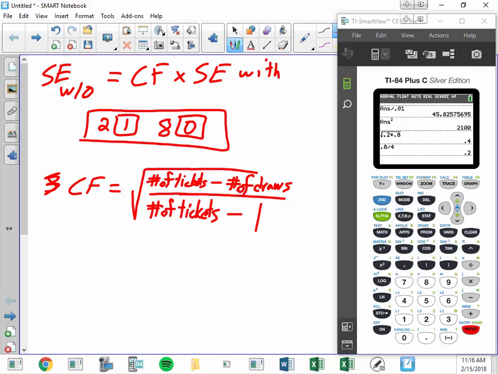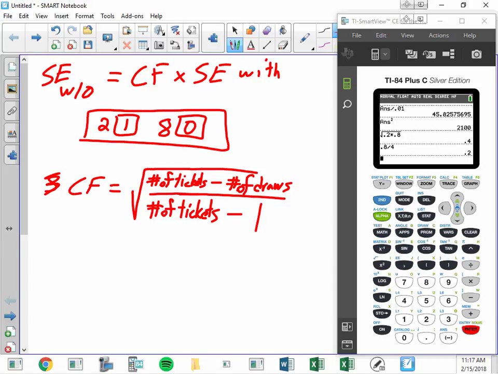This formula is kind of like a standard deviation formula, but I'm not going to go into how it was found and why you subtract 1. So if you look at it, it's basically the leftover tickets divided by the tickets minus 1, right?